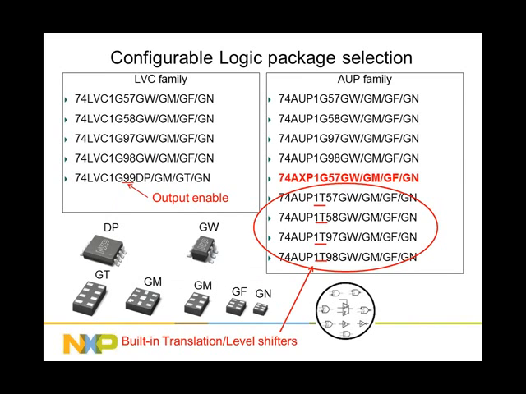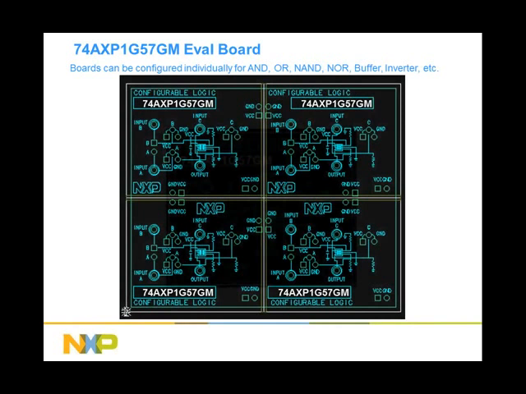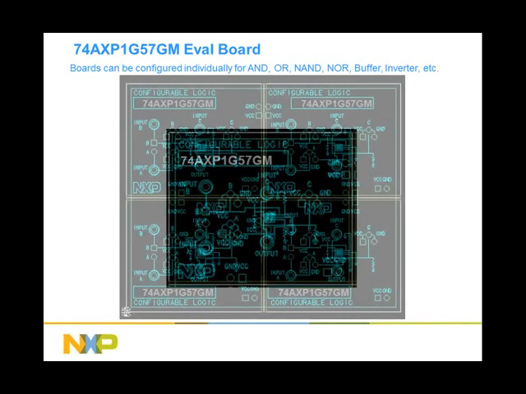And then earlier this year we introduced our AXP family, the AXP1G57, which this device now operates down to 0.7 volts. We have also a demo board available, and this demo board, as shown here, is configured for the AXP1G57, but you can also put any one of the other 4 configurable logic devices on here. So let me just take one segment from this 4-segment demo board and show you how it works.